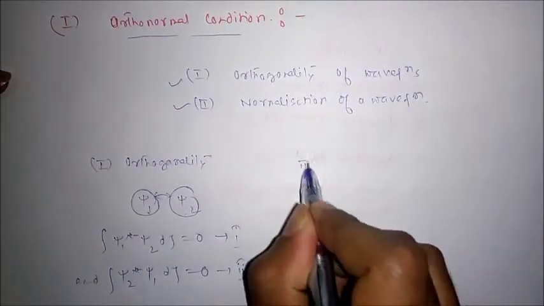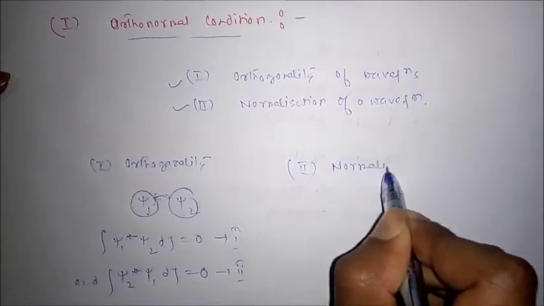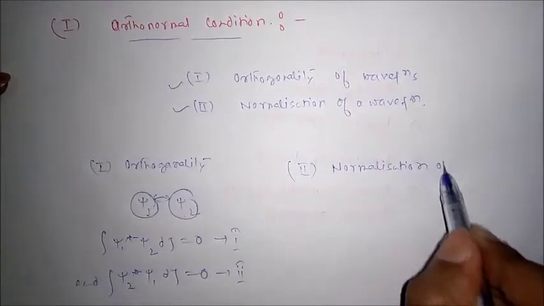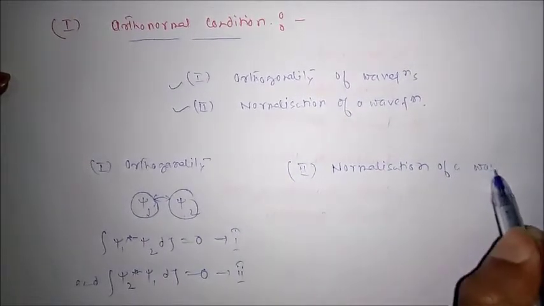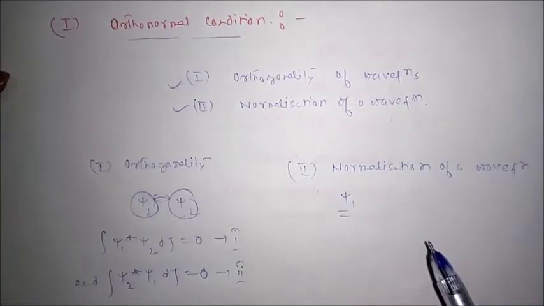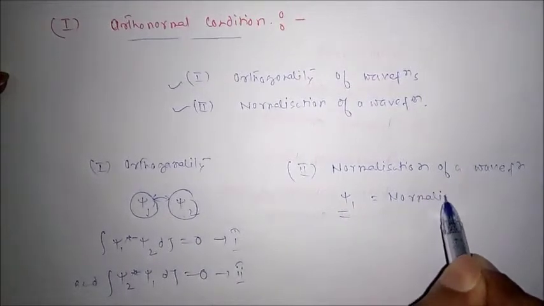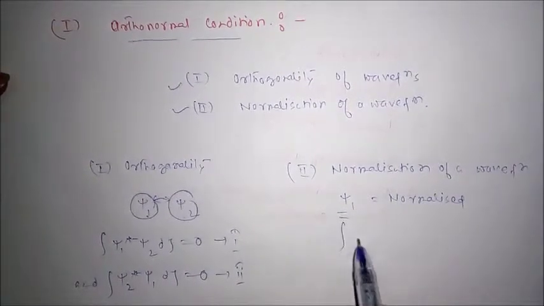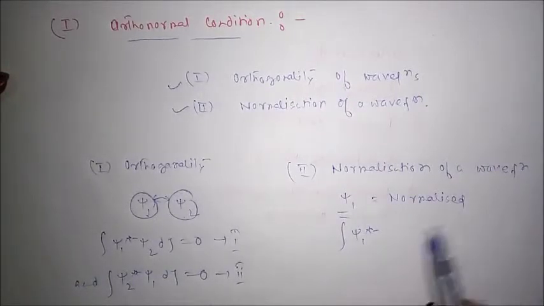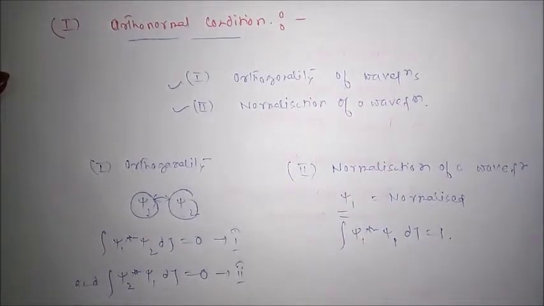Again, if we see the normalization of a wave function, then psi1 is said to be normalized when integration over psi1 star, that is the complex conjugate of psi1, and psi1 d tau equals 1.